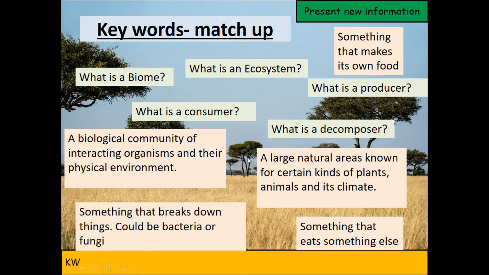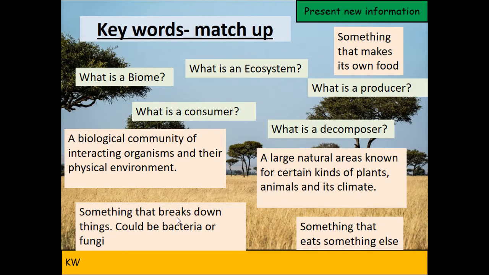And what is a decomposer? Well, it's something that decomposes something. So when an animal or a plant dies, it breaks down. It rots. That's how you get that kind of zombie look about it, you know, that kind of rotting flesh. And that is down to bacteria and fungi breaking the body down, and what it is doing is returning it back to the earth.